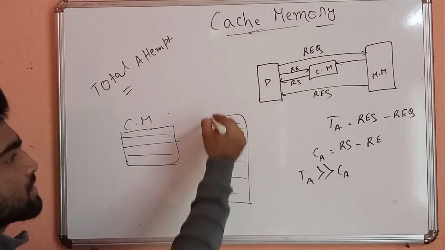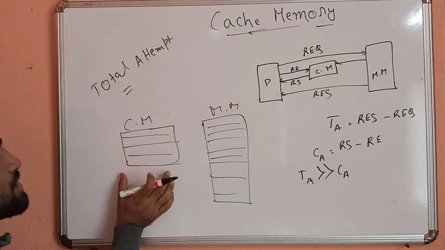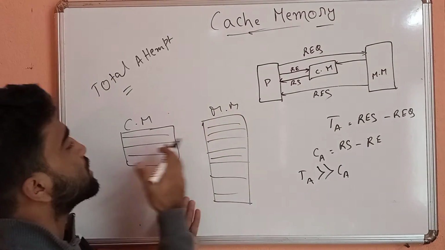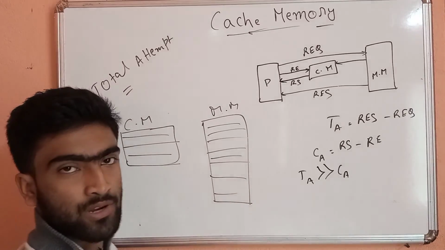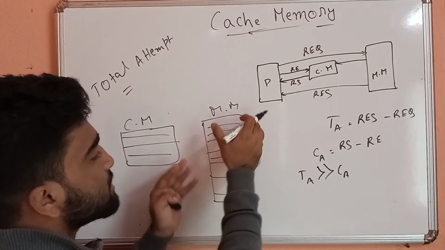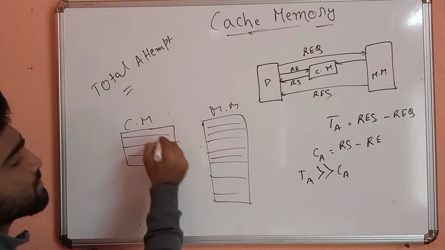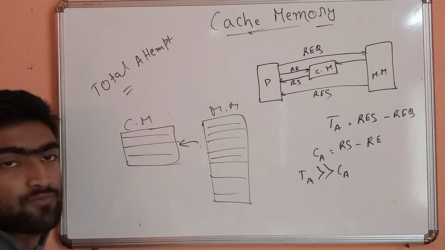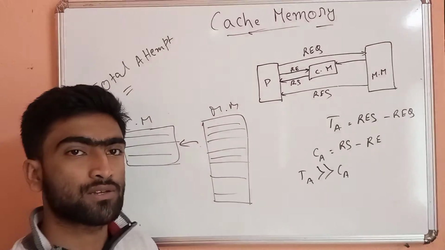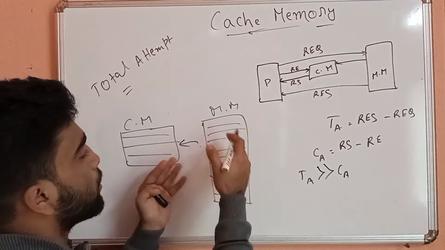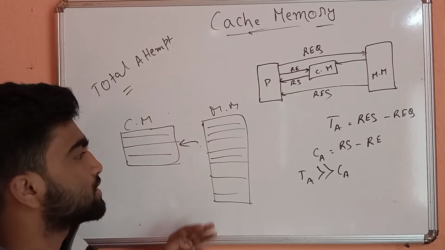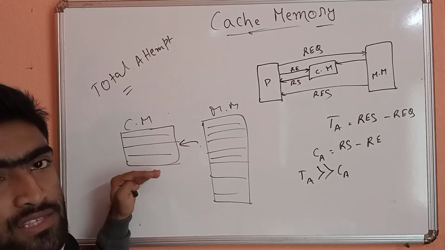Now we have to bring the set of blocks from main memory to cache memory, so we have to use some techniques to copy data, because we have a limited number of lines here.